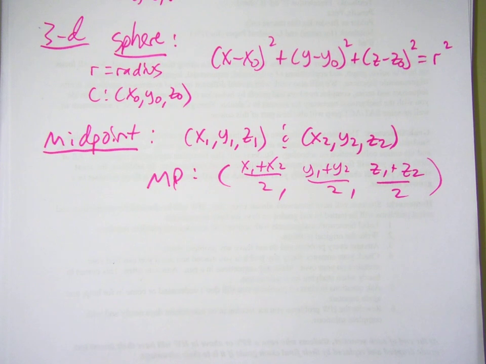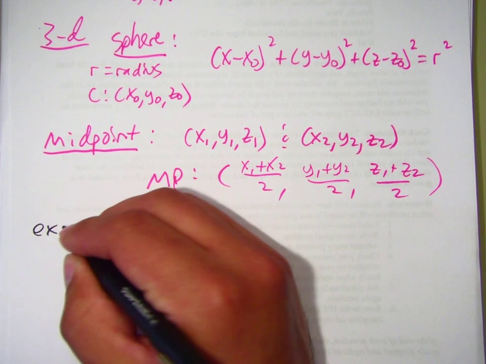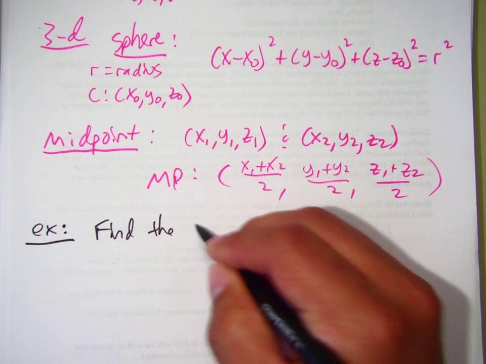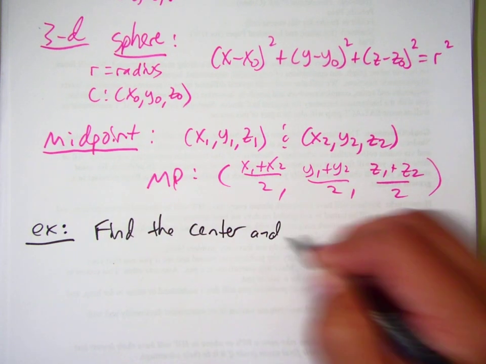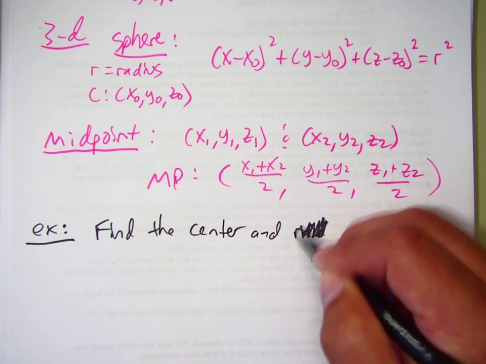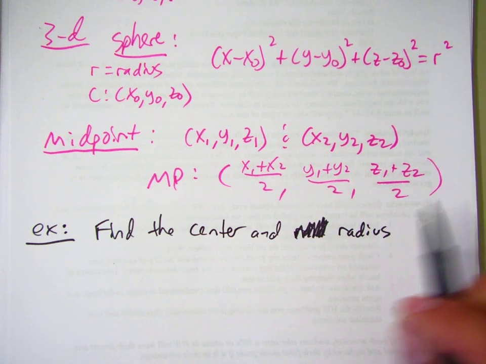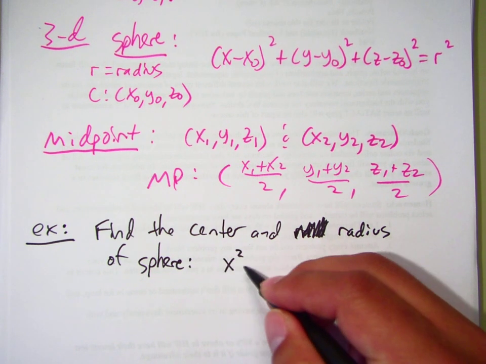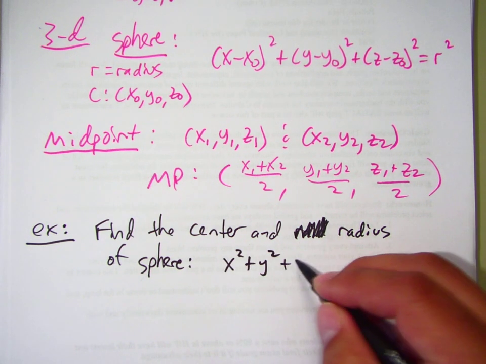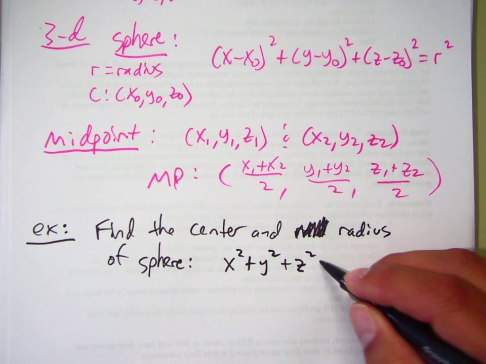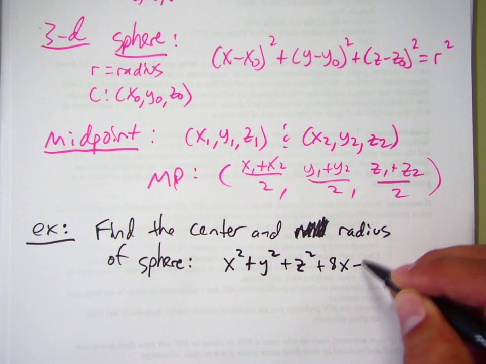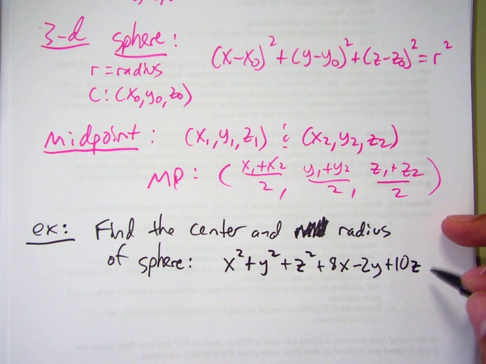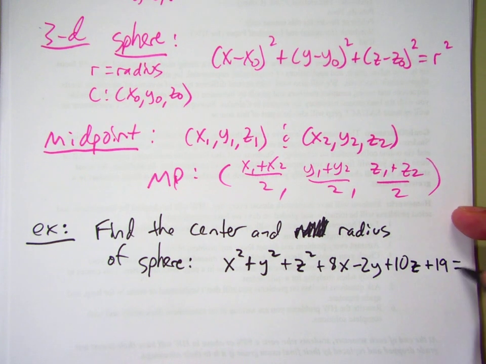Okay, then why don't you guys try this problem here real quick. Find the center and radius of the sphere x squared plus y squared plus z squared plus 8x minus 2y plus 10z plus 19 equal to 0.